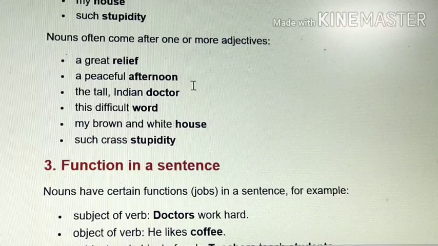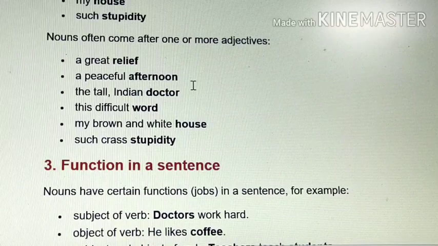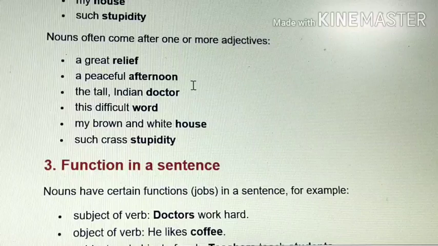What is the reason? The reason is that just before these particular words you can see one or more adjectives like great, peaceful, tall, Indian, difficult, brown, white, crass. Such are also determiners, or some of them are adjectives as well. Yes or no? Well, so this is the whole scenario.